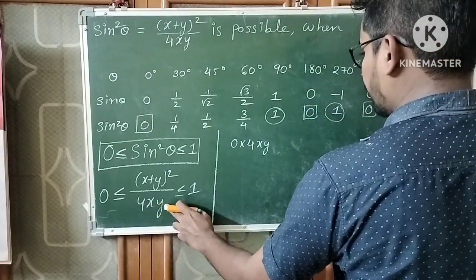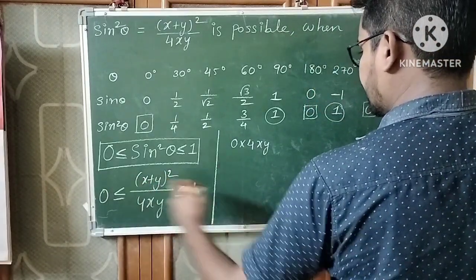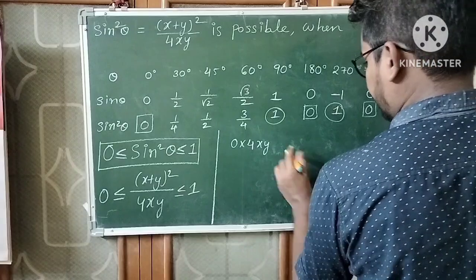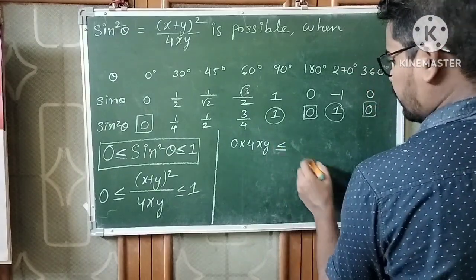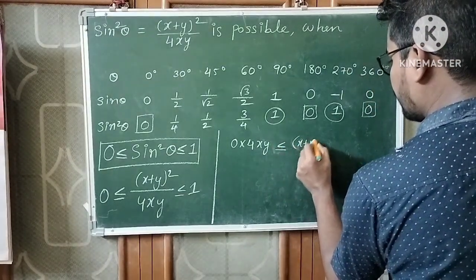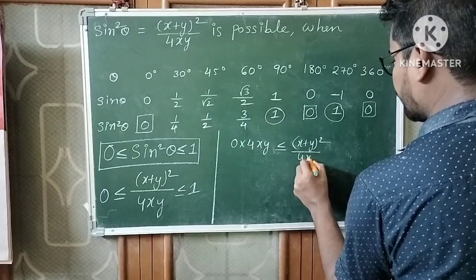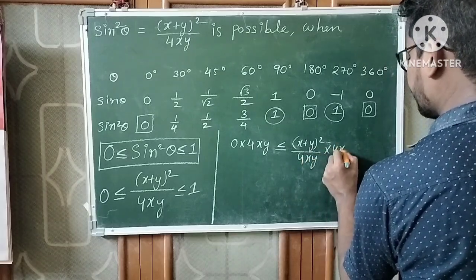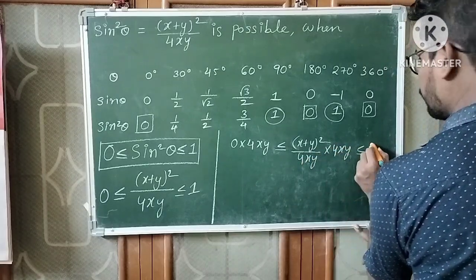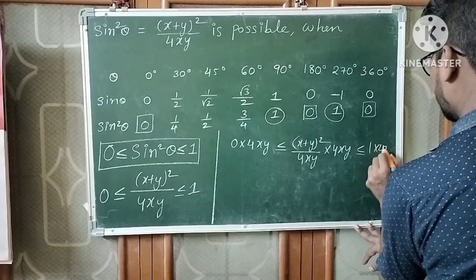So your denominator is 4xy. Multiply the entire inequation by 4xy. Now 0 into 4xy, less than or equal to (x plus y) whole square by 4xy into 4xy, less than or equal to 1 into 4xy. Okay?